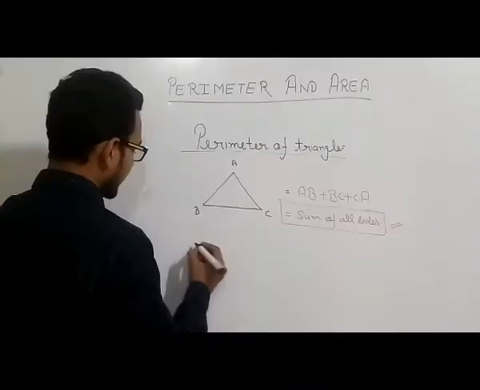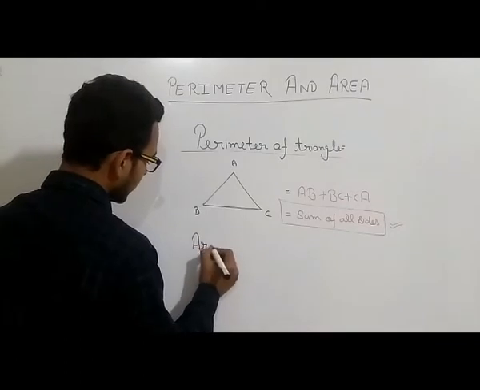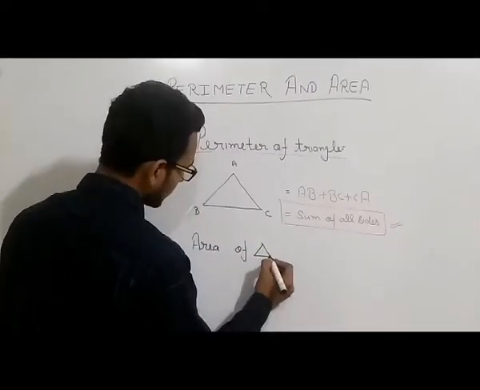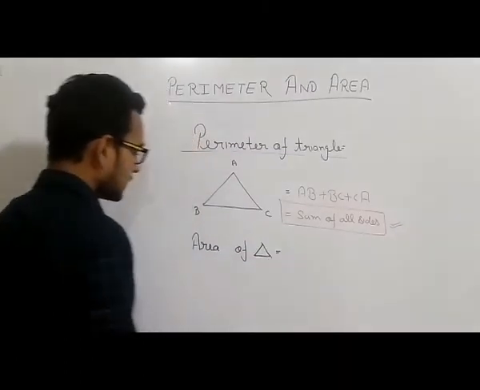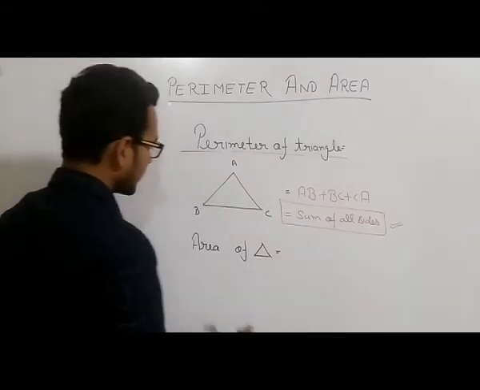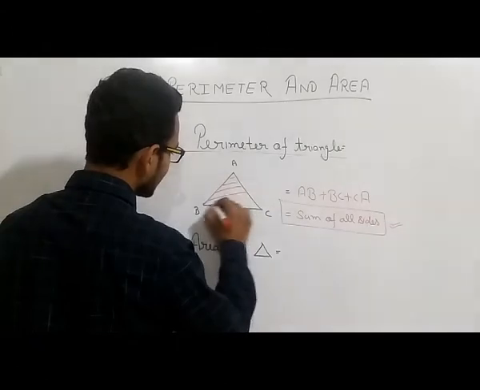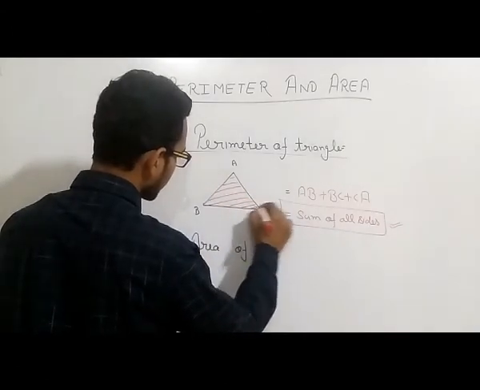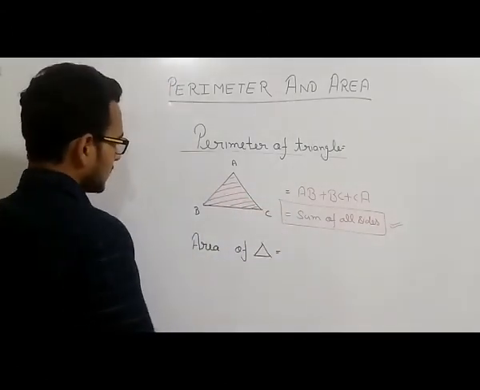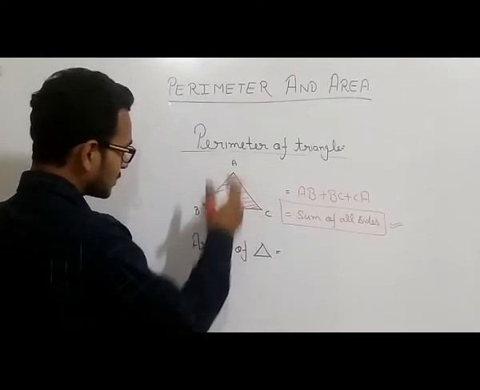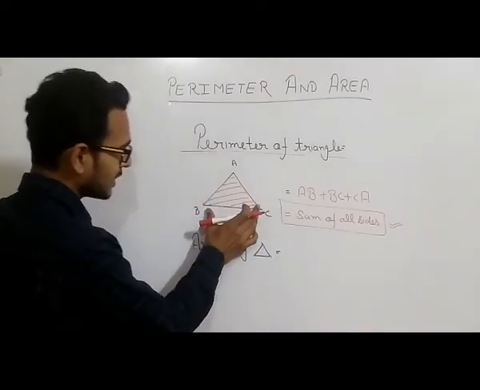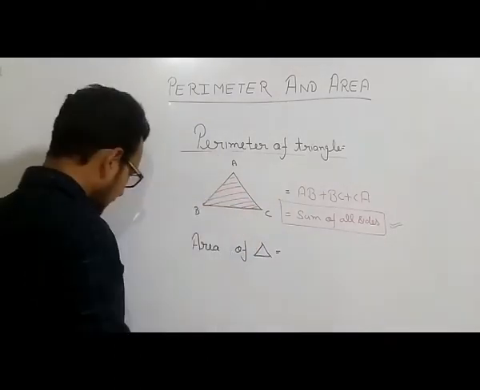Then we have to find out the area of the triangle. So what is the area of a triangle? Here the red shaded portion is the area of the triangle. We have to multiply two sides, but one side is the base and the other is the height.